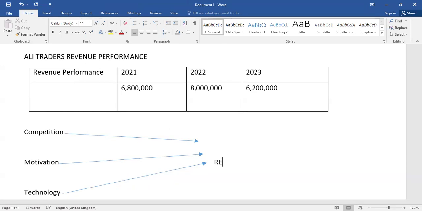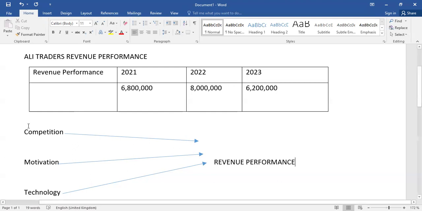Guys, all these three factors are affecting our revenue performance. Now you see the technology, competition. Now this becomes our IV. IV means the independent variable.